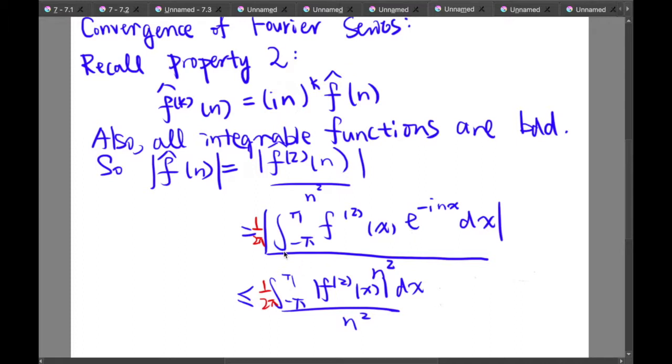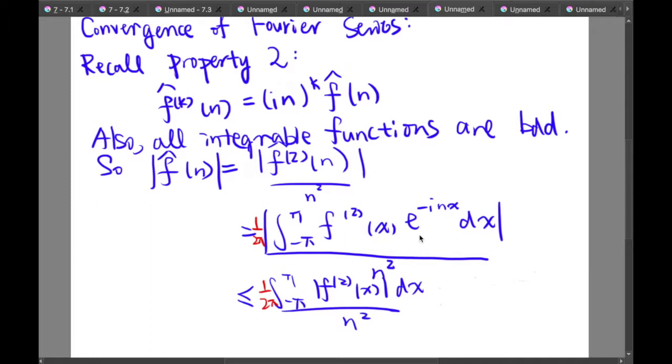We put the absolute sign from the outside to inside, so this equal sign becomes a smaller than or equal to, and we get that it is smaller than or equal to 1 over 2 pi times the integral from negative pi to pi of the absolute value of the second derivative of fx, over n squared.